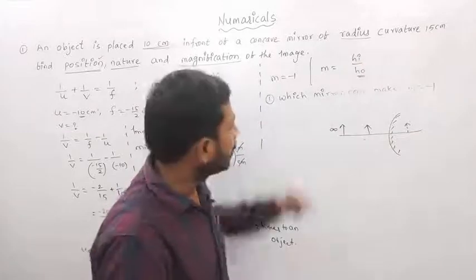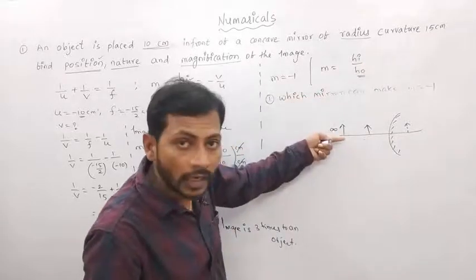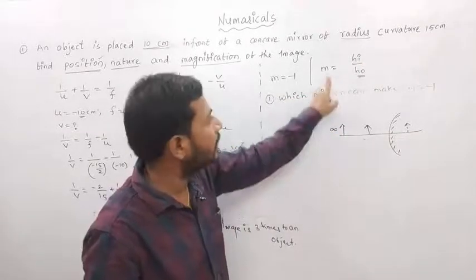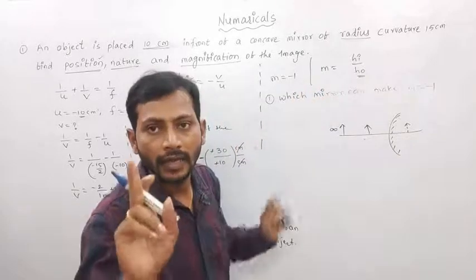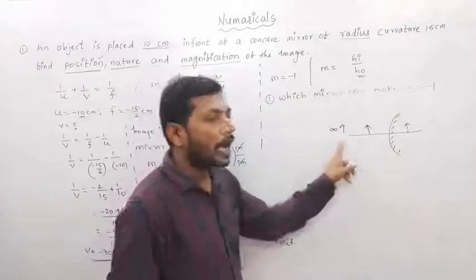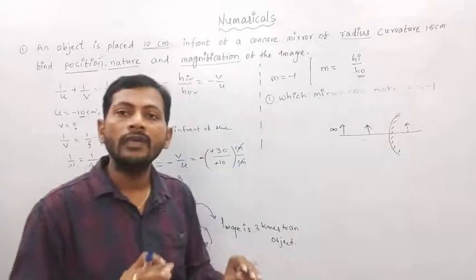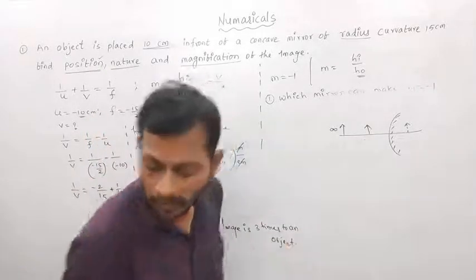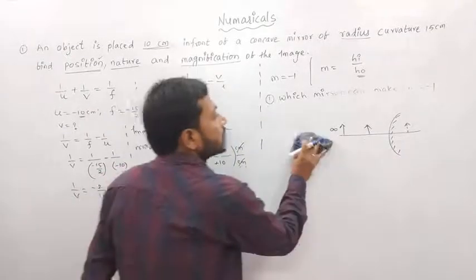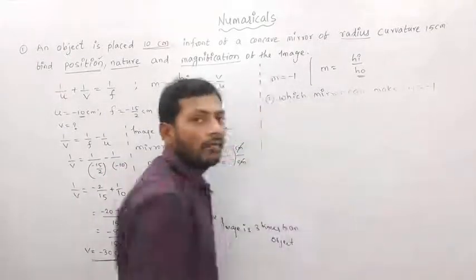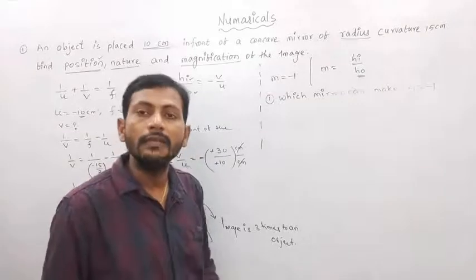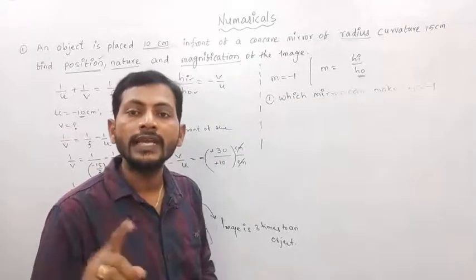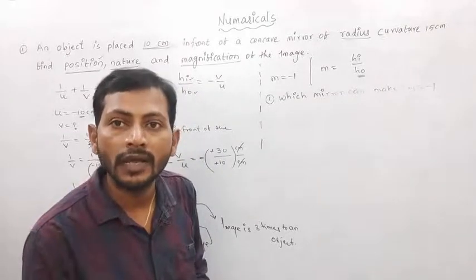It means if the height of the image is below the principal axis, m becomes minus. Clear? So the convex mirror always gives a virtual image. Then I am going to make one sentence here: m is always positive. Then he has given a question about which mirror?